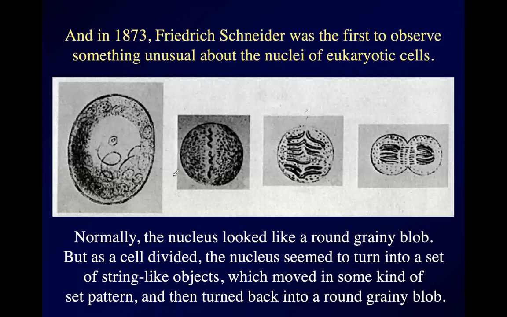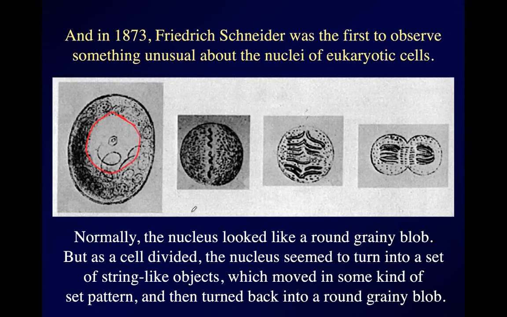All right, I'm almost done, I promise. 1873, a guy named Schneider is looking at cells in the developing tail of a salamander. And he notices that if you look at the nuclei, there is something weird. Ordinarily, the nucleus, which is right here, just kind of looks like a round blob.